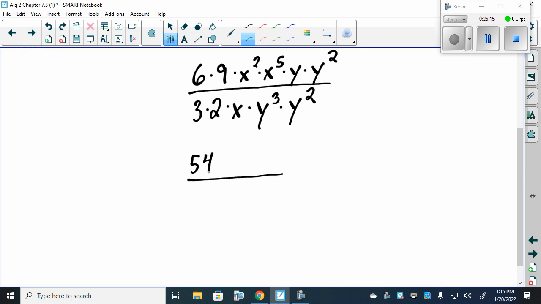X squared times x to the fifth is going to be x to the seventh, because we have 7 of them. Y times y squared would be y to the third. 3 times 2 would give us 6x. Y cubed times y squared would be y to the fifth.